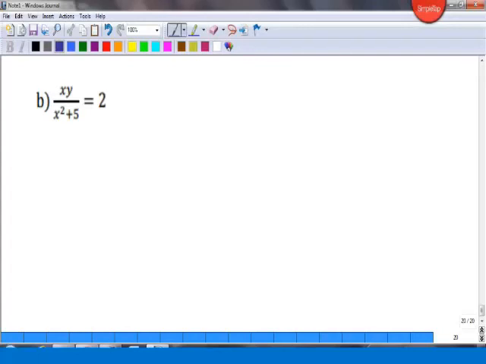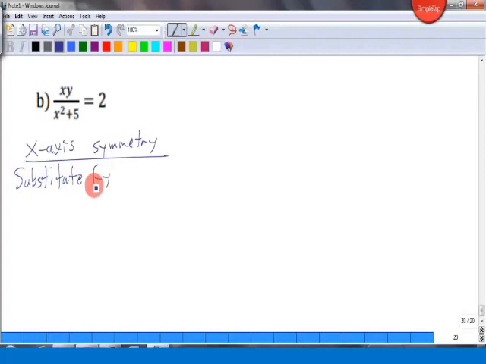xy over x squared plus 5 equals 2. Test for symmetry. First of all, let's test for x-axis symmetry. We begin by substituting negative y for y. So x times negative y over x squared plus 5 equals 2.